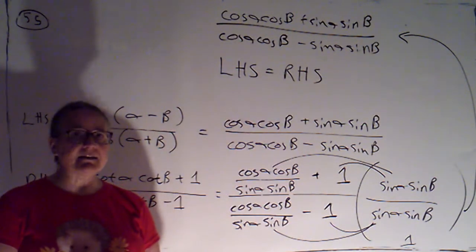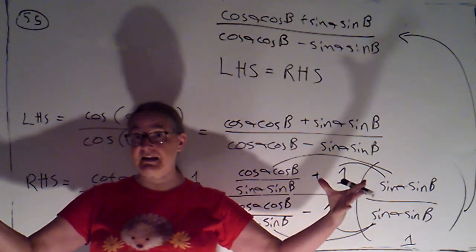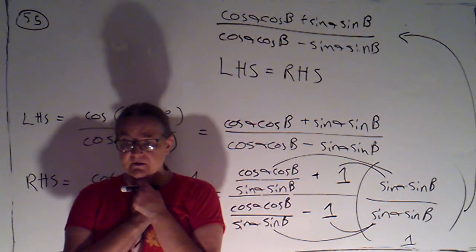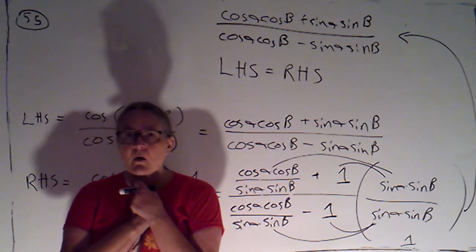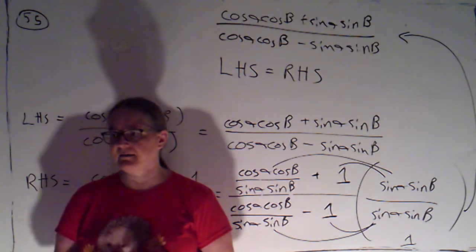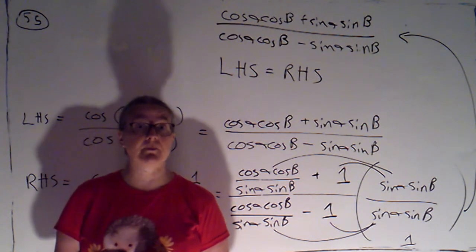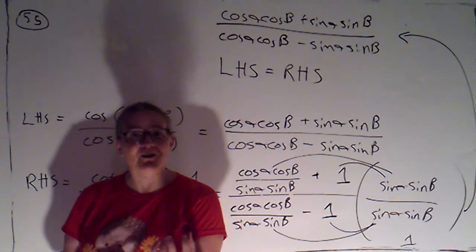You're almost never going to see the entire proof of an identity. If you approach an identity saying, there's something wrong with me because I don't see why those two sides are equal, there's nothing wrong with you. I look at an identity and say, I think those are probably equal because the book's asking me to prove that they are. Other than that, it's not obvious to me that they're equal.